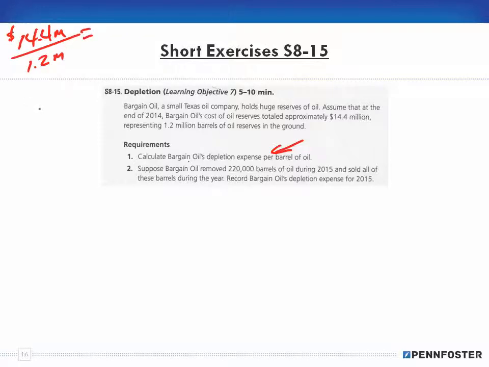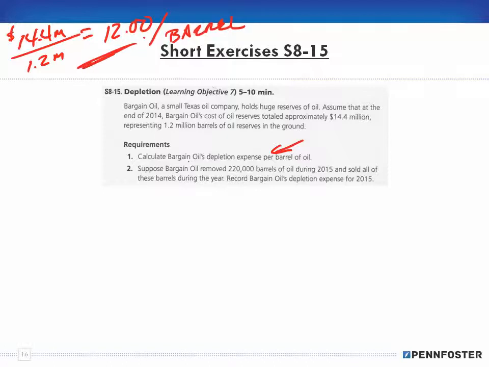So think about it: here's the land, here's the oil, and someone is saying this is worth 14.4 million, what's underneath us here. So the cost per unit is 14.4 million divided by 1.2 million, or $12 per barrel.